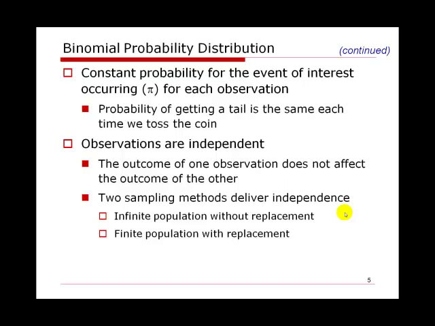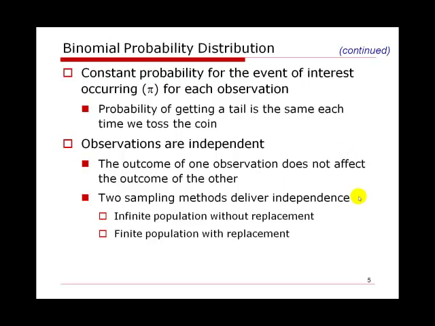The replacement can be that we put back the sample we drew, or we have some substitute that can be refilled into the finite population. If either one of these two conditions is satisfied, then we can consider the two requirements for the binomial distribution are satisfied.